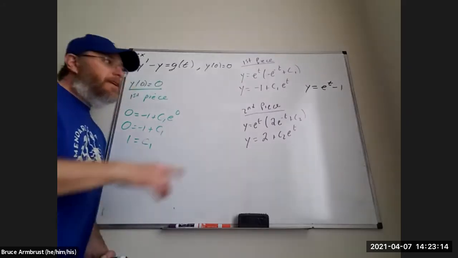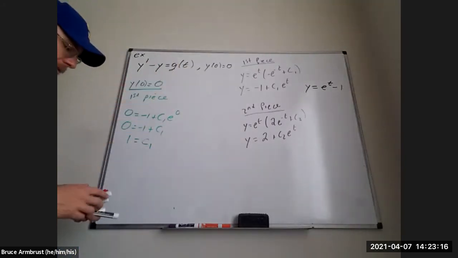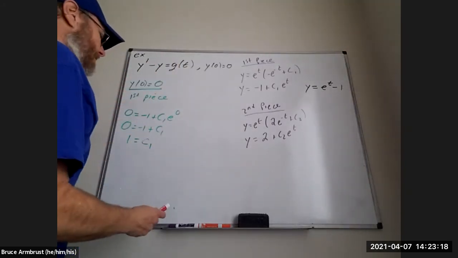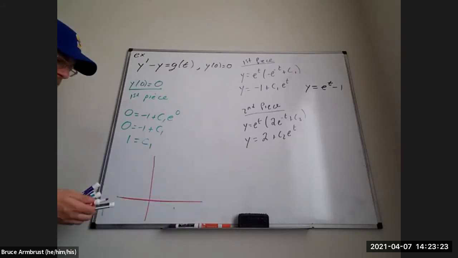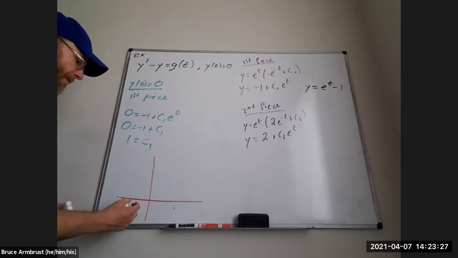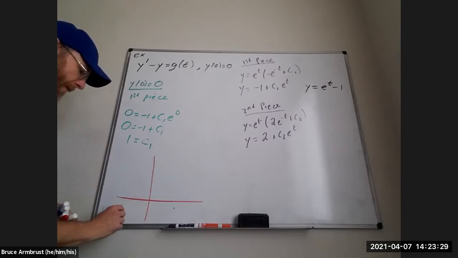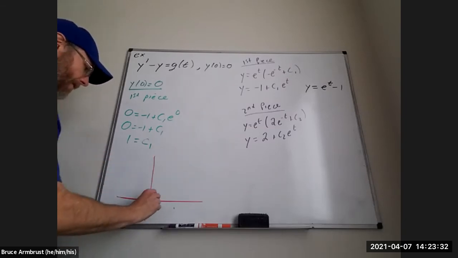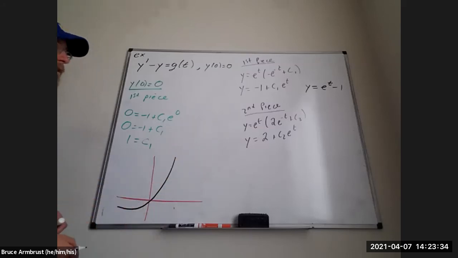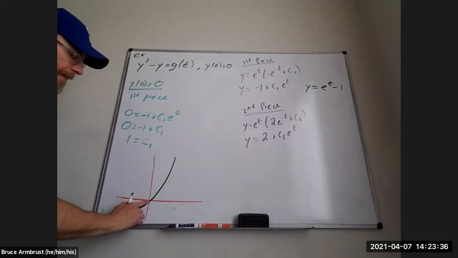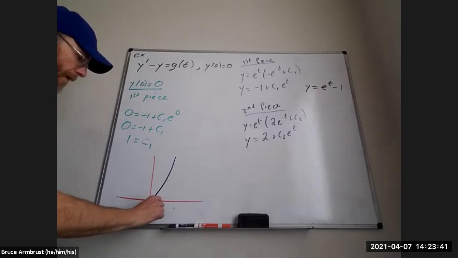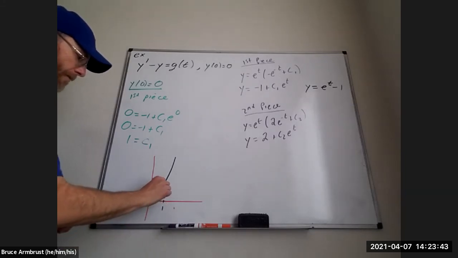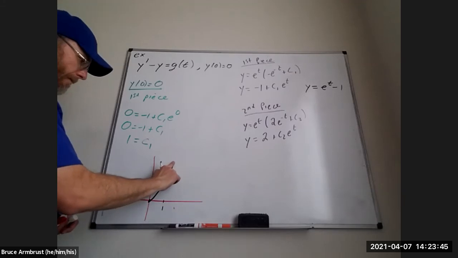Here's what I mean. Let's think about the graph of this thing. We've got e to the t minus 1. Okay, well, we all know what e to the t looks like, right? Good old exponential growth. If we subtract 1, it just means that our asymptote's at minus 1 instead, right? So that's what this thing looks like. But we're only going to get this between 0 and 1, right?